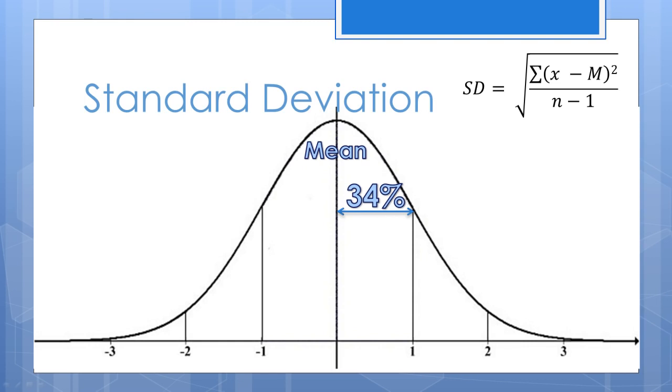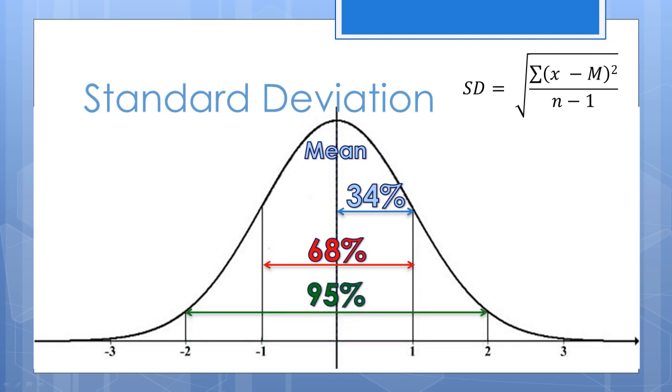Therefore, based on its symmetry, approximately 68% of scores fall between one standard deviation above and one standard deviation below the mean. Approximately 95% of scores fall between two standard deviations above and two standard deviations below the mean. Approximately 99.7% of scores fall between three standard deviations above and below the mean.